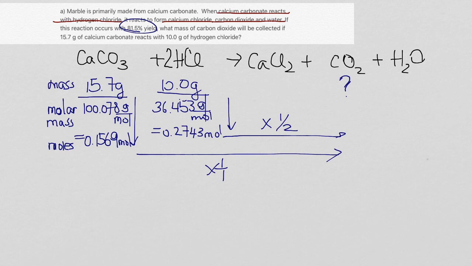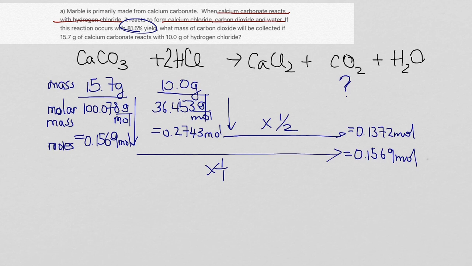So this tells us that with the amount of calcium carbonate we have, we will make 0.1569 moles of carbon dioxide, and with the amount of hydrogen chloride that we have, we will make 0.1372 moles of carbon dioxide.